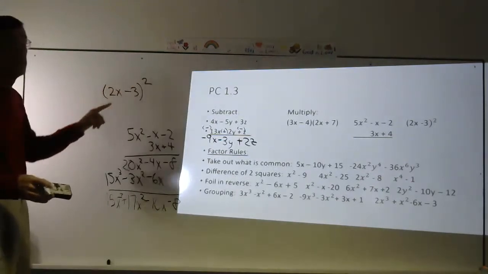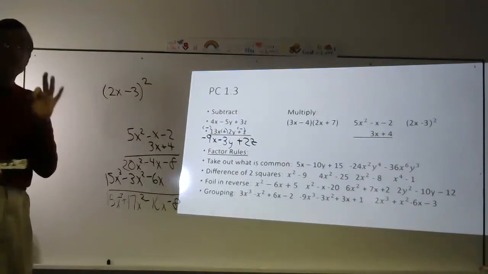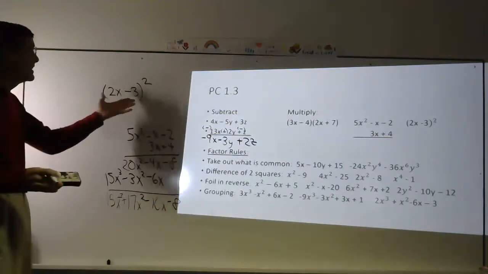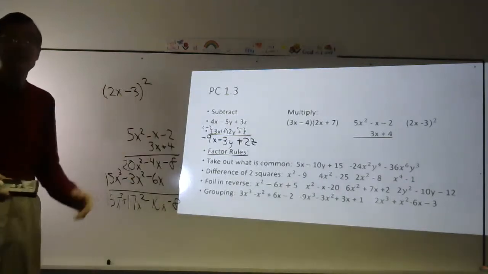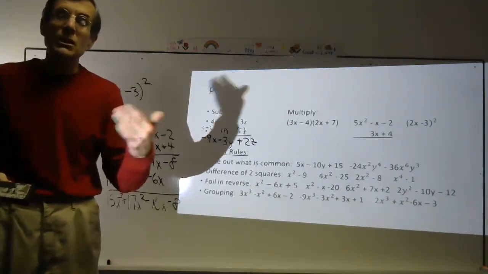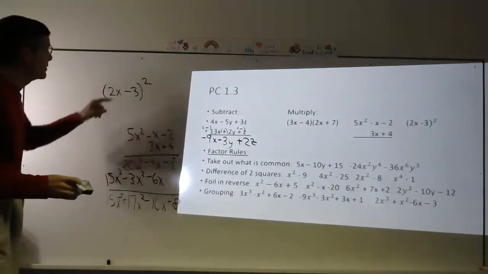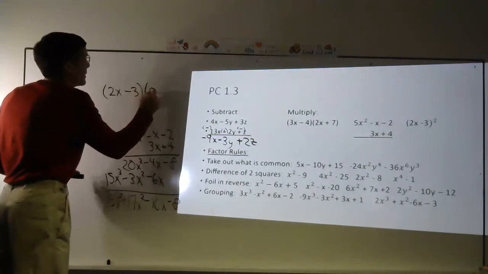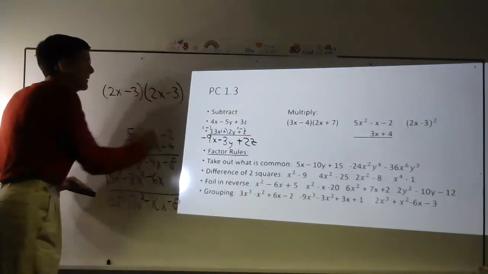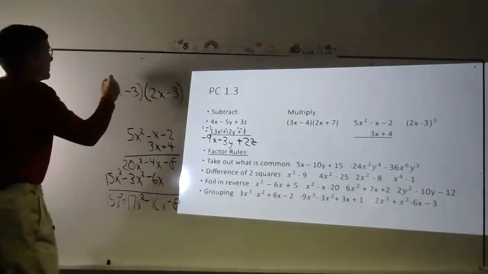You can take the 2 into both parts if it's multiplying or dividing. If it's adding or subtracting, you cannot take the 2 in there. One of the most common mistakes people make in algebra and pre-calculus. Cannot take a 2 in. You have to write it down twice because it's squaring. And then you simply multiply it by FOIL.